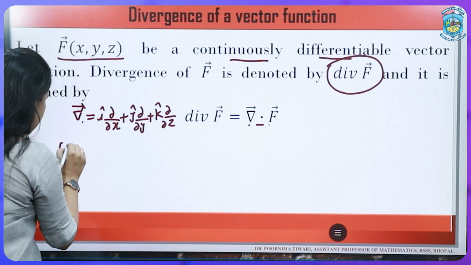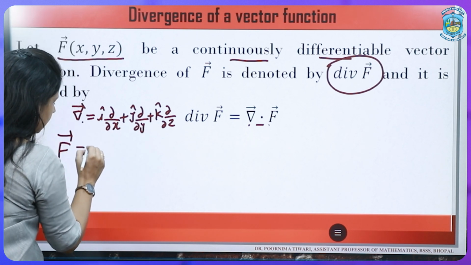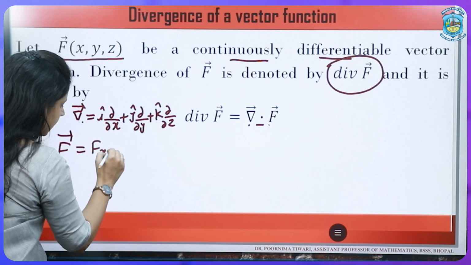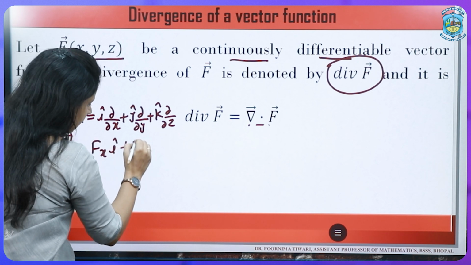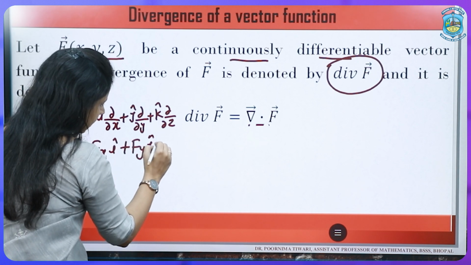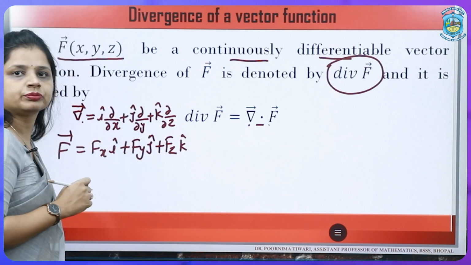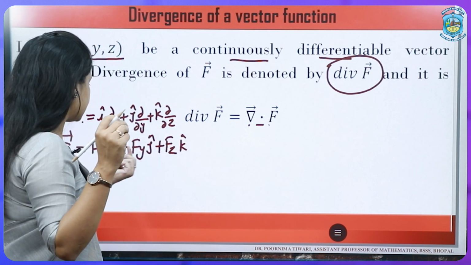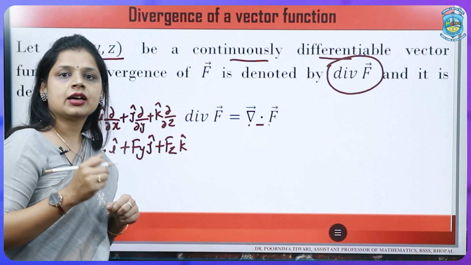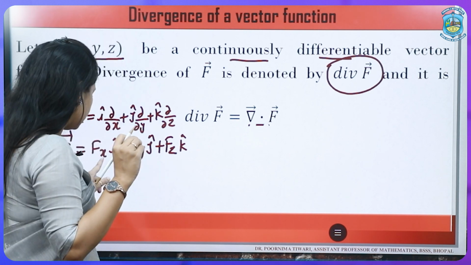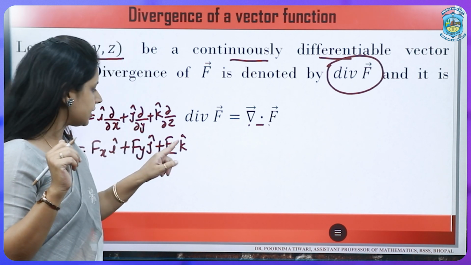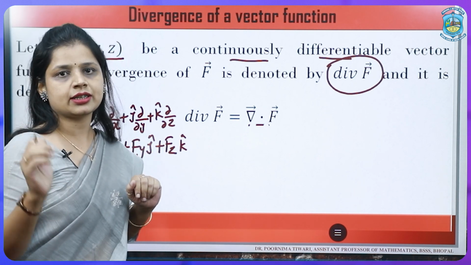So, this vector f can be written as fx i cap plus fy j cap plus fz k cap. Here fx, fy, fz are components along x axis, y axis and z axis respectively.